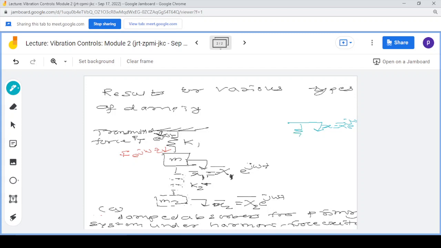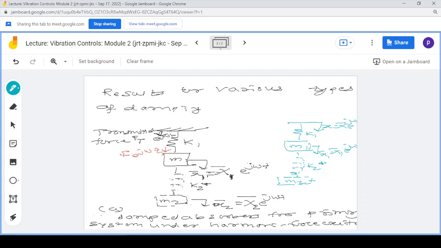Let x1 be the spring stiffness. Let us consider the mass m is attached to it, having a displacement x1 bar equals x1 e raised to j omega t. Then to this again a complex stiffness spring having a stiffness K2 star is attached, and to this mass M2 is attached.